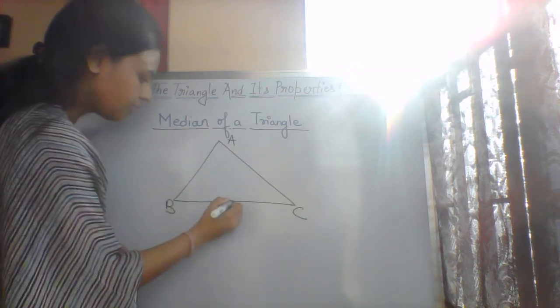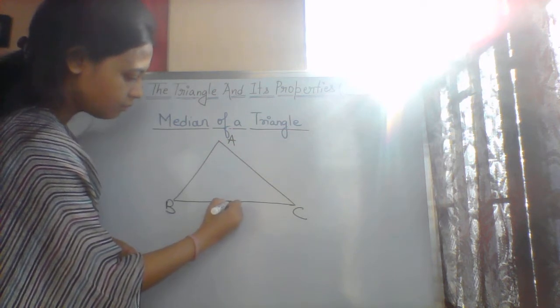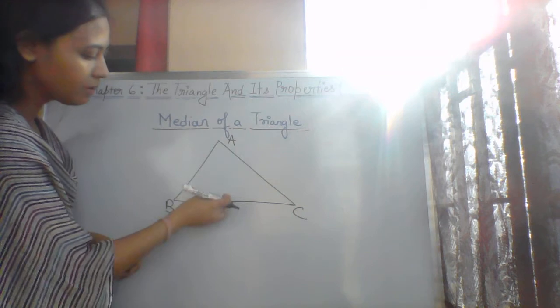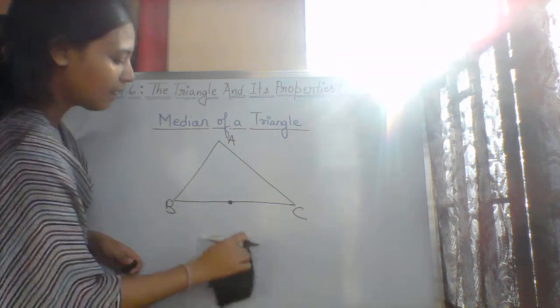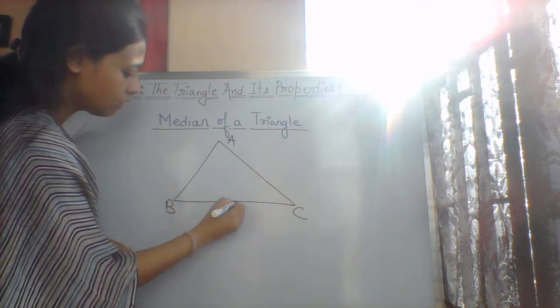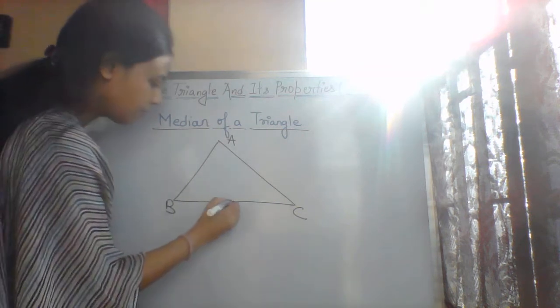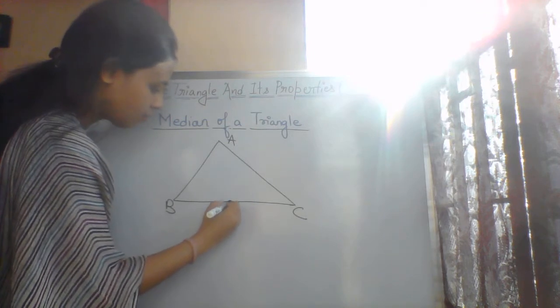After that, you will see an intersection on the line BC. That will be our midpoint.